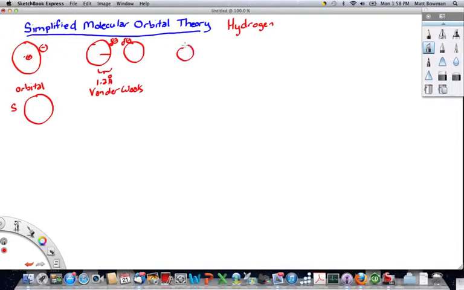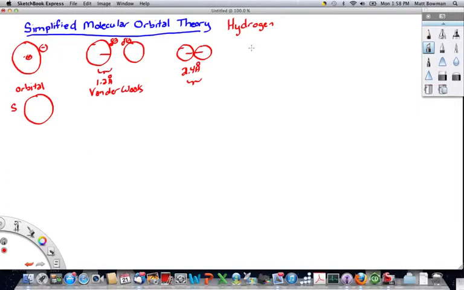If you sum two van der Waals radii together, you get a total of 2.4 angstroms. So that's this atom and this atom here. So the distance between two hydrogens briefly touching each other is 2.4 angstroms.